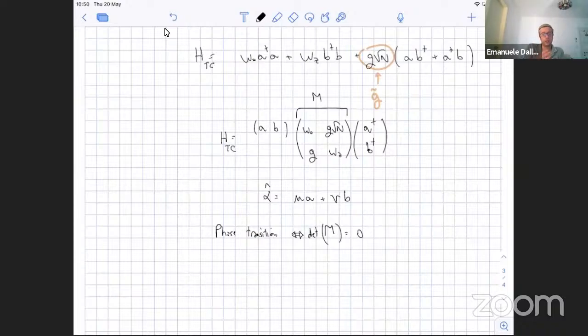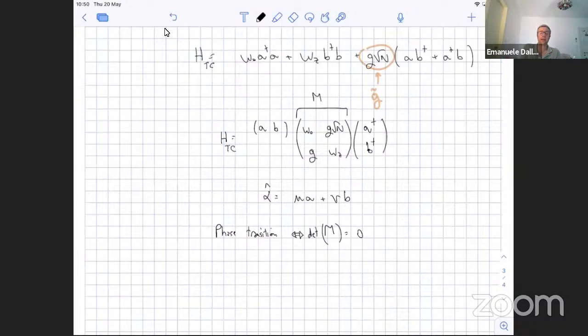So a necessary and sufficient condition for having an excited state of zero energy is to require that the determinant of the matrix is zero. You can also, if you want, solve it, find the eigenvalues of this 2 by 2 matrix and demand one of them to be zero. But we can skip that step and simply demand that the determinant of the matrix is zero.